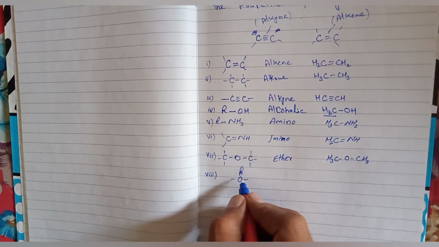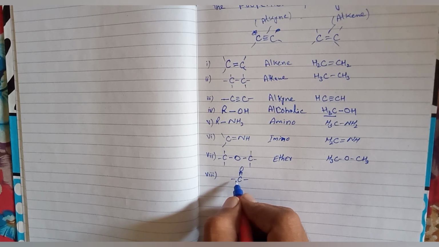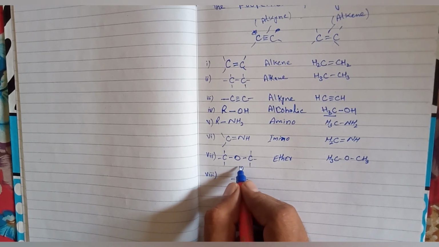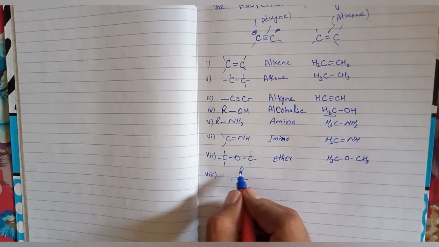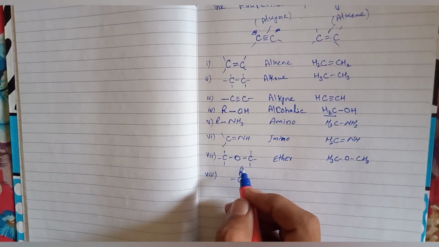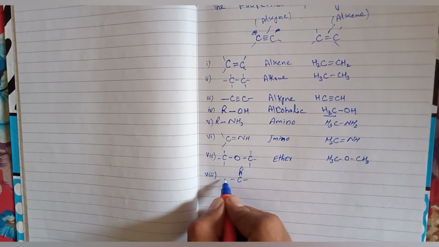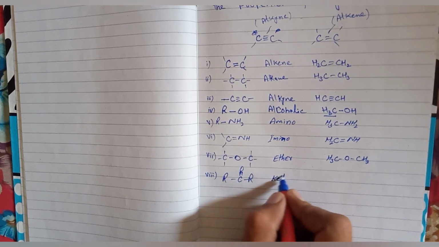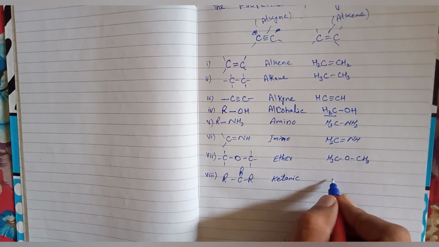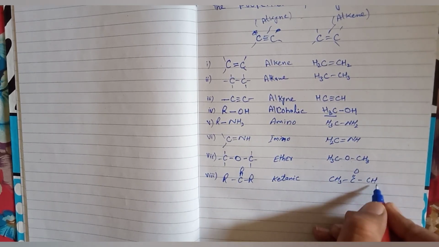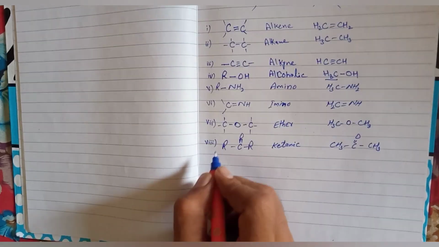This alkyl group may be methyl, ethyl, propyl, butyl, etc. If the carbonyl group has alkyl groups R on both sides, this is called ketonic functional group. The example of ketone is acetone. Common name is acetone. Is it clear?